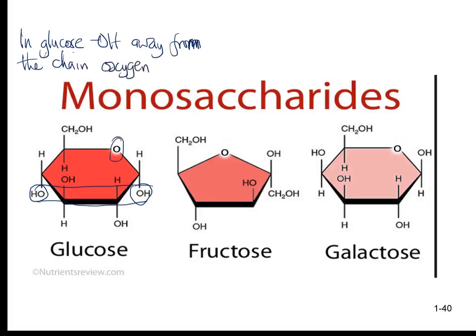This is the chain oxygen. You can see that this OH is away from there. This OH is away from there. These ones, we call the terminal OH. Terminal means they are at the end. So in glucose, the terminal OH are away from the chain oxygen.